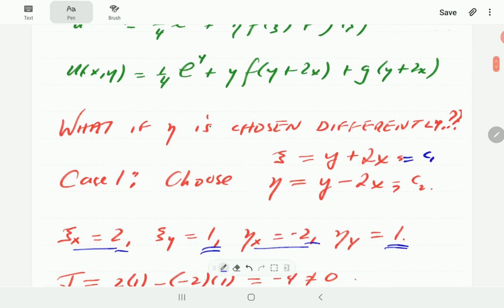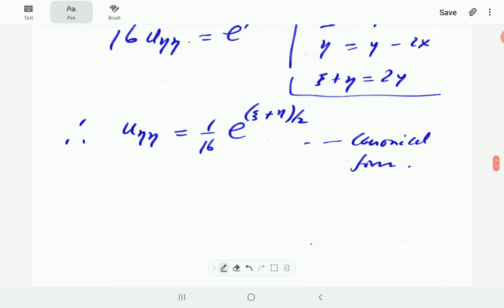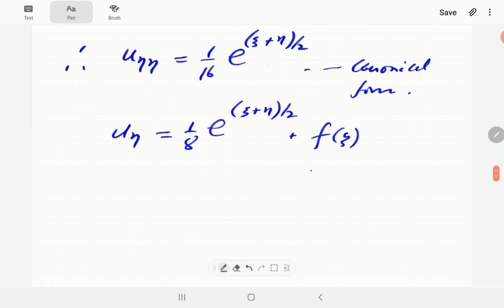Okay, now can we integrate this? Yes, we can. So let's integrate. If we integrate this once with respect to eta, that means we are going to have to multiply by 2. So it's going to be 1 over 8 e to the power xi plus eta over 2 plus a function of xi.